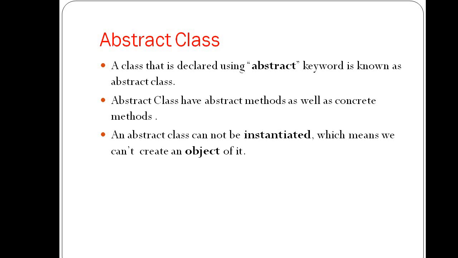Abstract method means a method without body and concrete method means a method with body. An abstract class cannot be instantiated, which means we can't create an object of it. So guys, we can't create the object of an abstract class, and we can't create the object of an interface also.